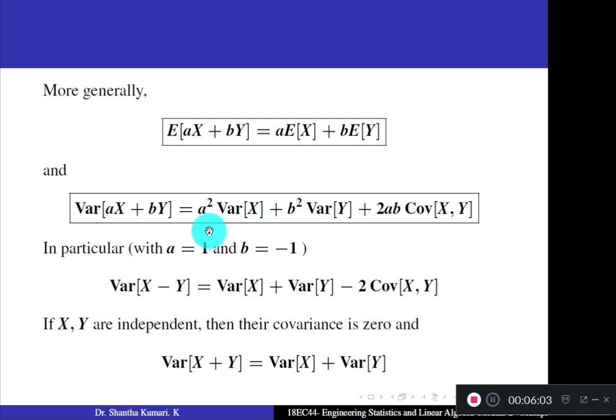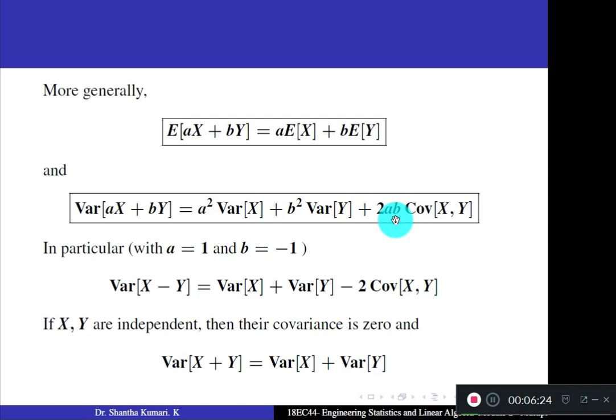It is equivalent to a square into variance of x plus b square into variance of y plus 2ab into covariance of xy. To remember this formula, just remember what a plus b whole square is. You get a square plus b square plus 2ab, correct?